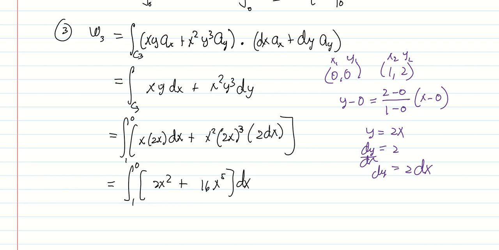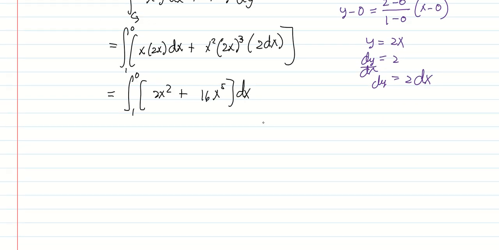Then integrate this. This will be equal to the integral of 2x squared plus 16x to the fifth. So 2x squared is just 2/3 x cubed, plus 16x to the fifth is 16 over 6, 5 plus 1, x raised to 6, and this is from 1 to 0.